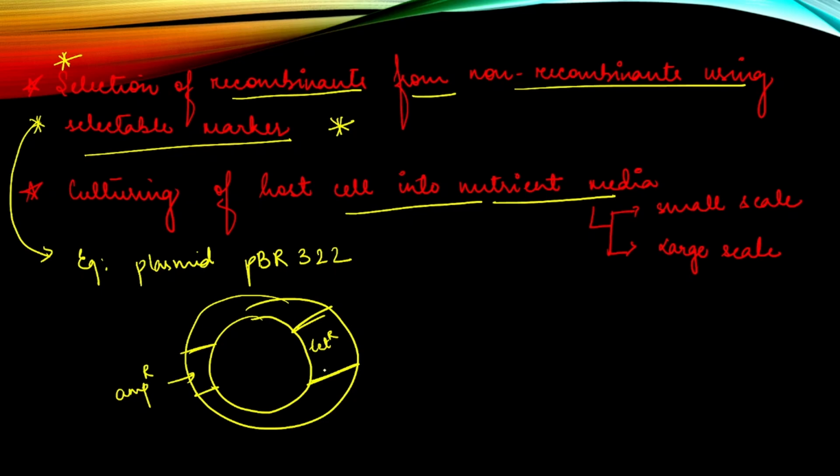Now, in this tetracycline resistance gene, there is another site, which is the recognition site for the enzyme BamHI. Now I will ligate a gene here.